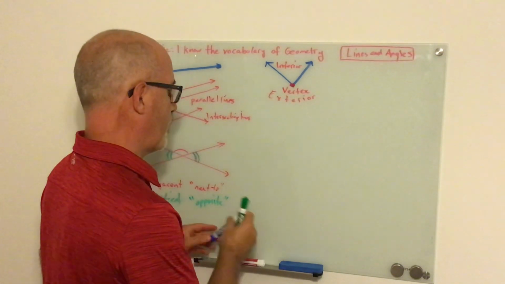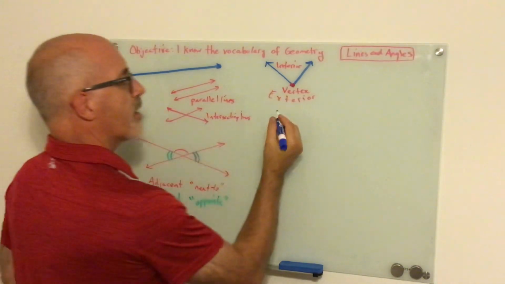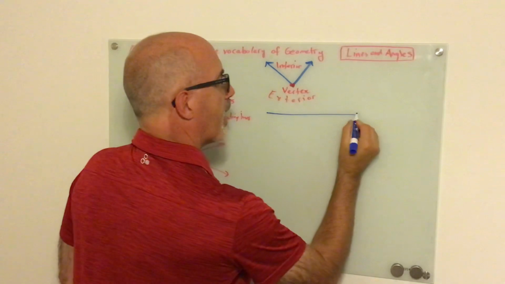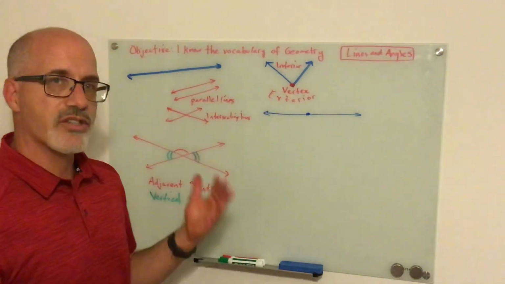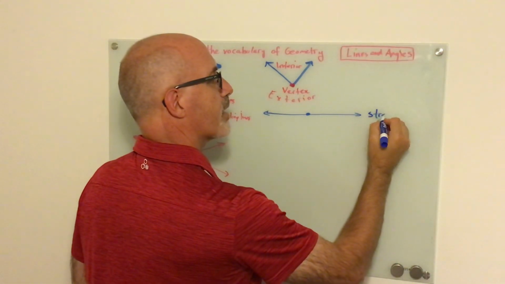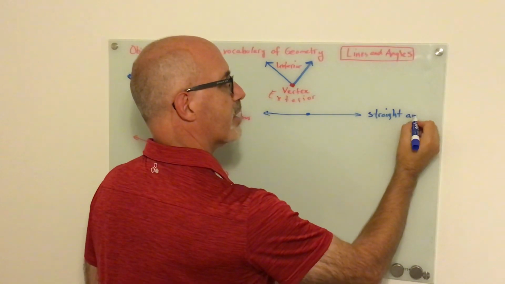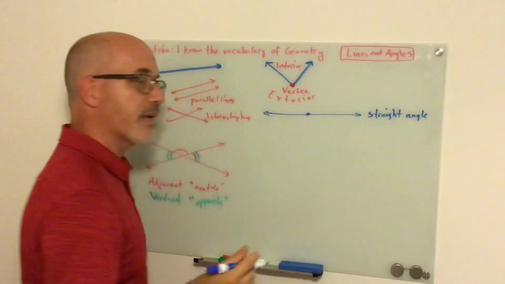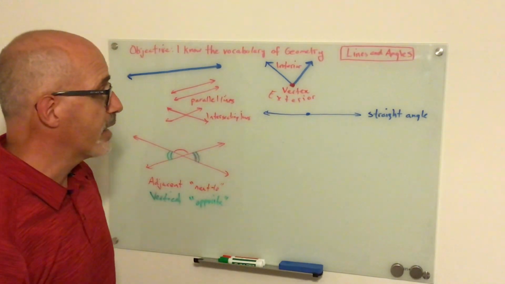Let's start over here. If I just draw a line and I pick a vertex here, but that line is straight, that's called a straight angle. That kind of makes sense. It doesn't really, in what we typically say, form an angle, but we're going to call it 180 degrees, forming a straight angle.